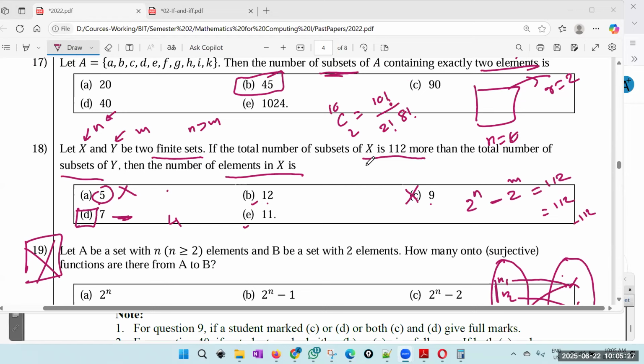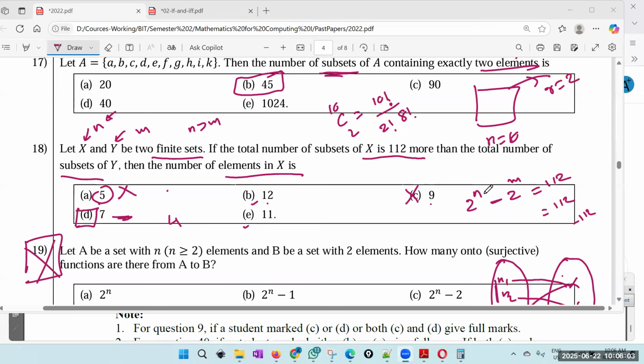If you have n elements in X and m elements in Y, the total number of subsets for X is 2 to the power n, and for Y is 2 to the power m. According to this, the difference is 112. So I wrote 2^n minus 2^m is 112. I just took it from this statement. Then they ask, what is the possible value of n, the number of elements in X?